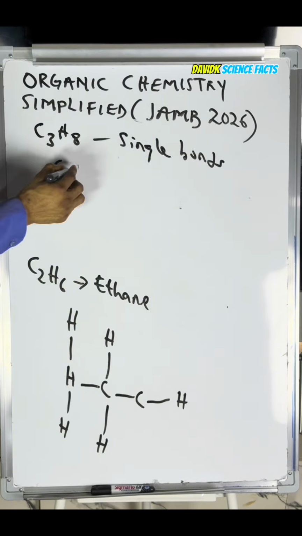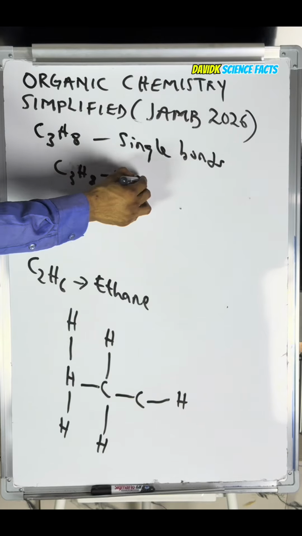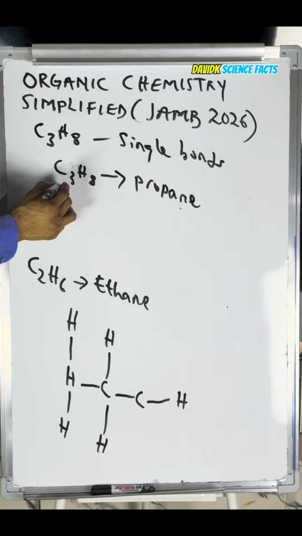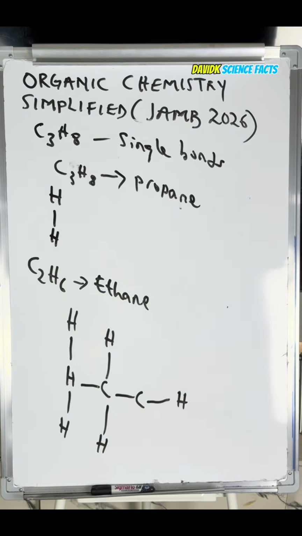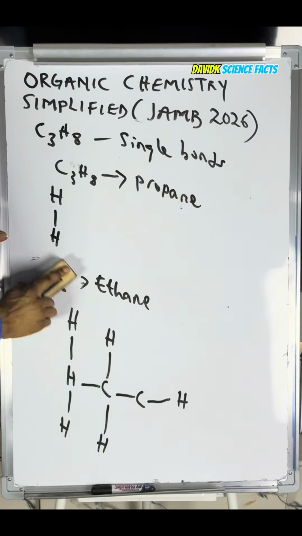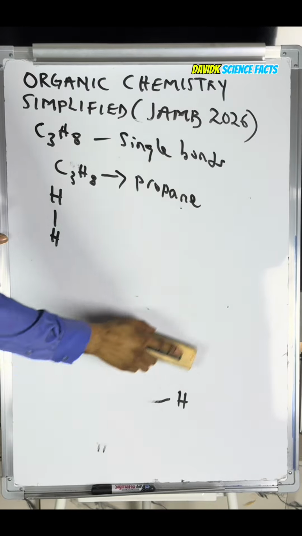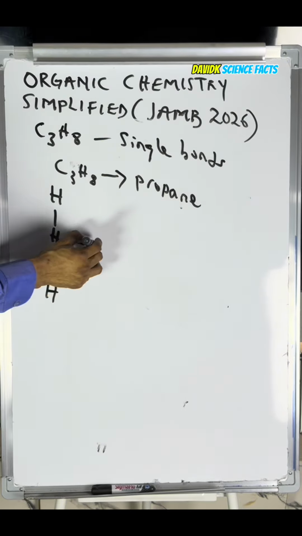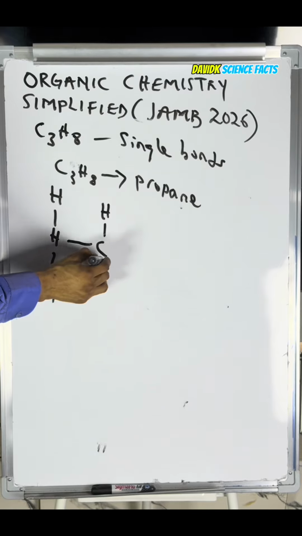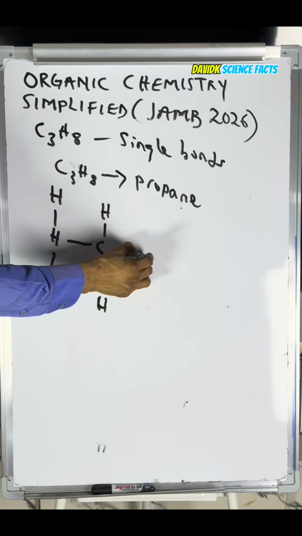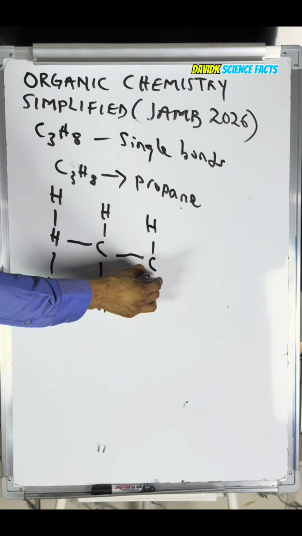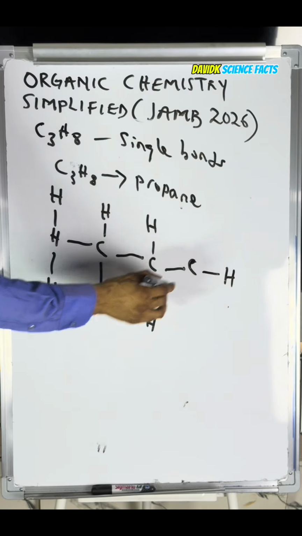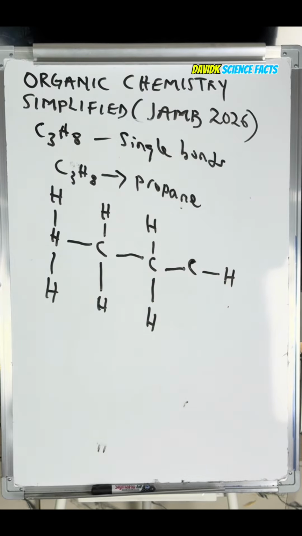C3H8 is also propane. So that is the structure for propane.